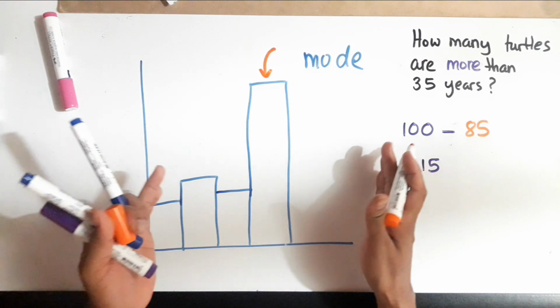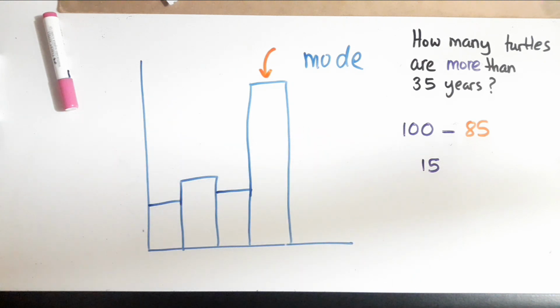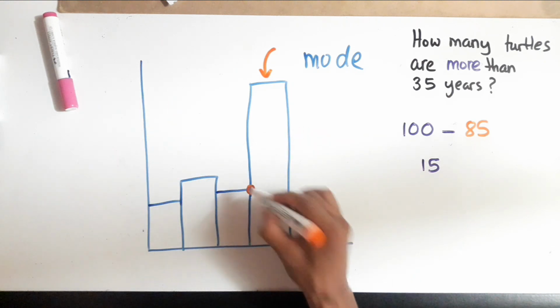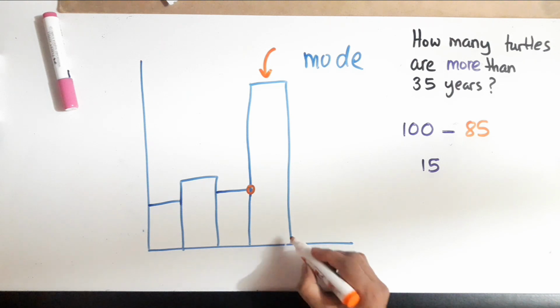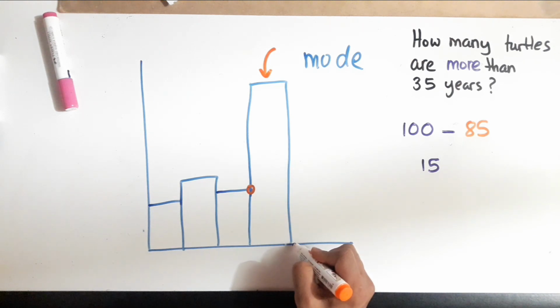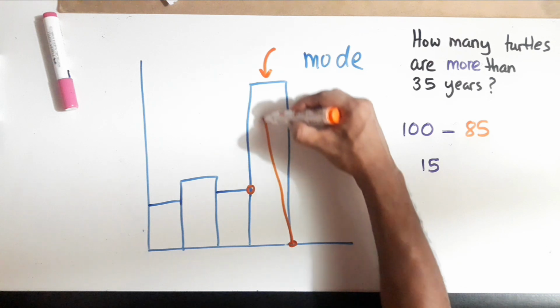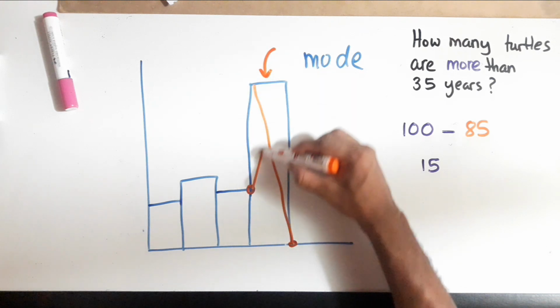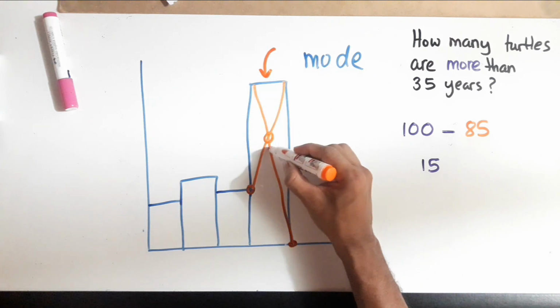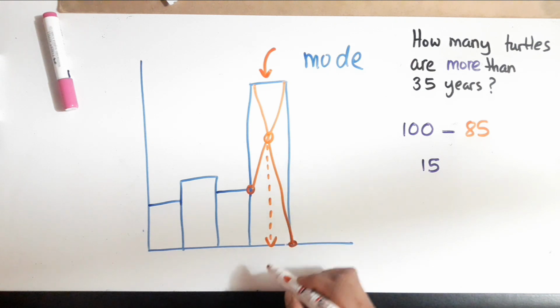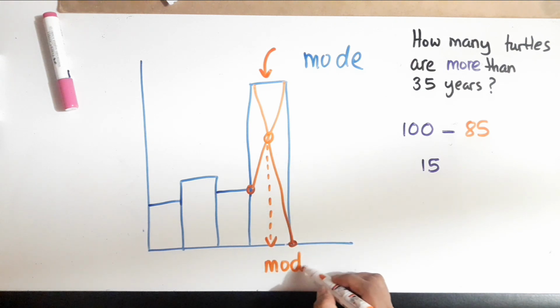The tallest block is supposed to have two buildings touching it, but only one building on this side is touching it. There's no building on the other side. So the only thing you have is the ground. So the ground is touching it over here. So you draw a line from here to this corner and a line from here to the other corner. Where it meets, drop it straight down. And the number it falls on is the mode.